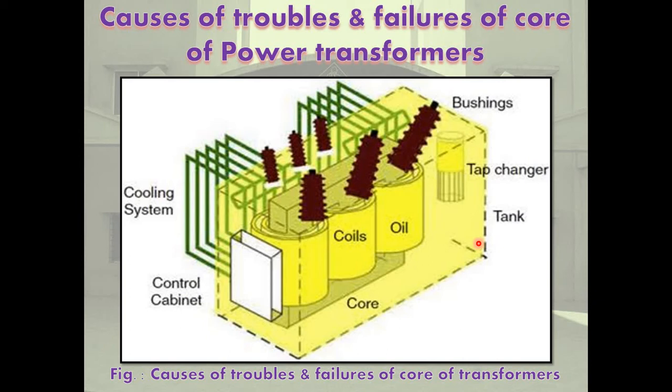Flux density depends on V by F, the voltage to frequency ratio. The generator transformer fails by overfluxing if excitation is maintained during starting or stopping the unit. An overfluxing relay should be provided for protection of the generator transformer. These are the causes of different types of trouble and failure in the magnetic circuit and its remedies.